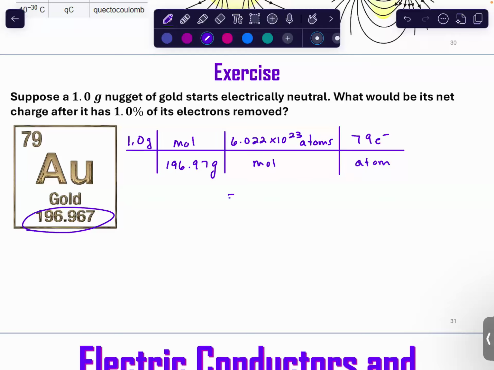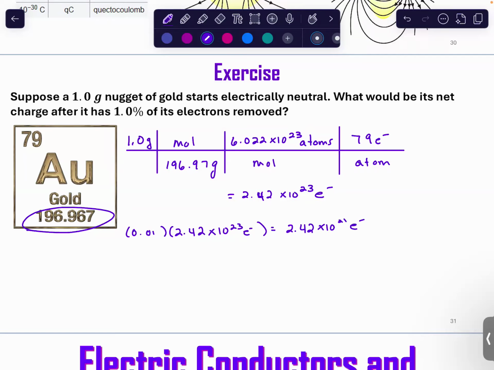So when we multiply all this up, it's going to give us 2.42 times 10 to the 23rd electrons. Now we're going to sweep away 1% of those. How do we figure that out? So we're going to do 0.01 times that, which is going to be 2.42 times 10 to the 21st electrons.